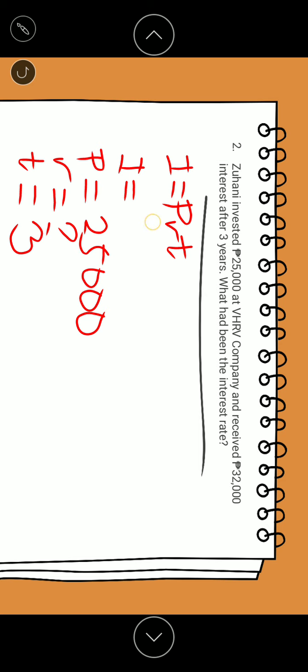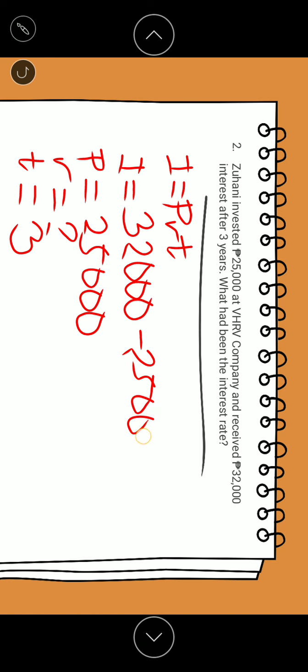So 32,000 minus 25,000 is equal to 7,000. So, ang kalalabasan, ang interest natin is 7,000. Now we get the formula to use and the given facts or values that would help us to solve the given problem. Let us proceed.